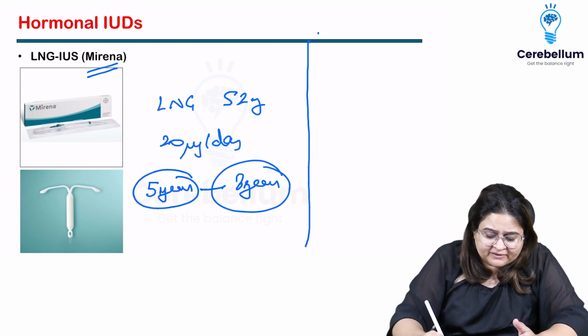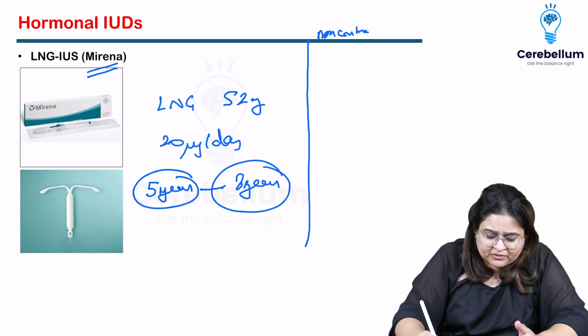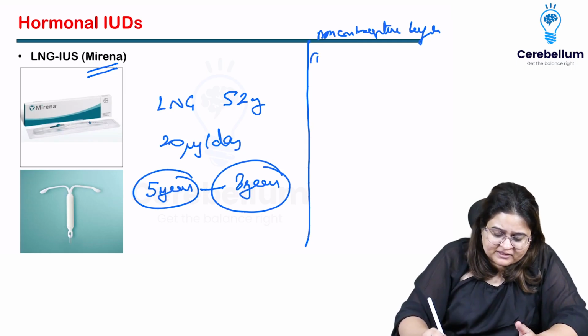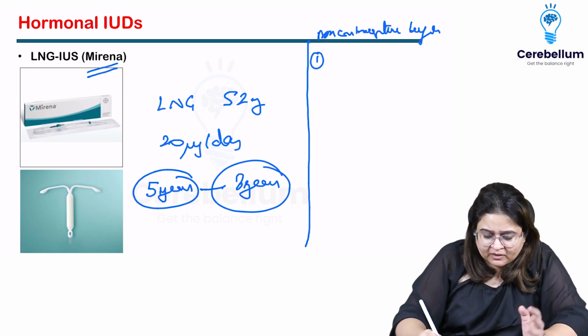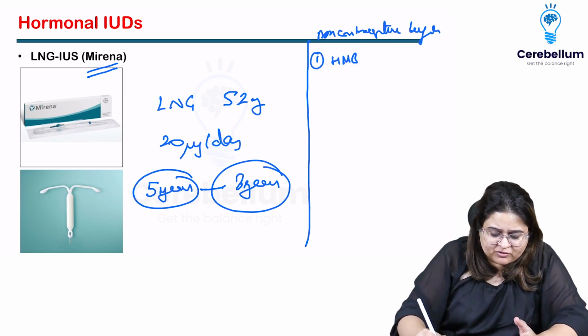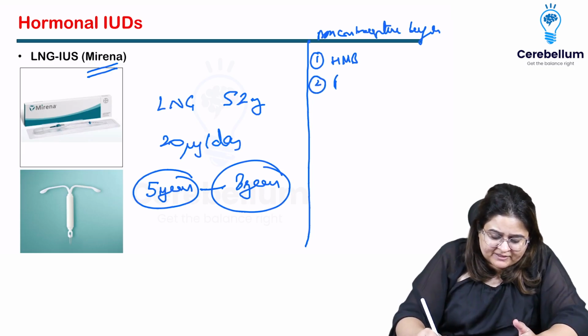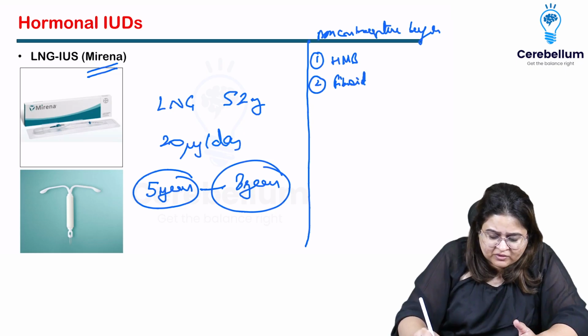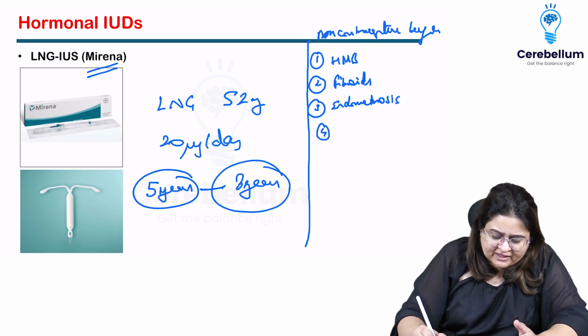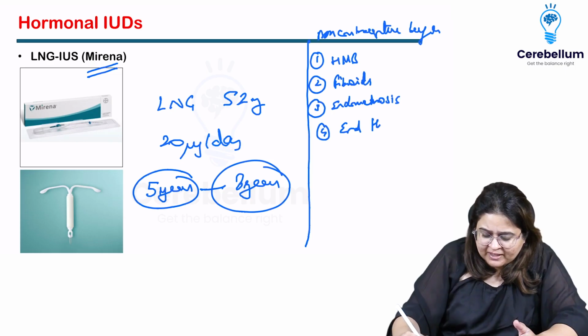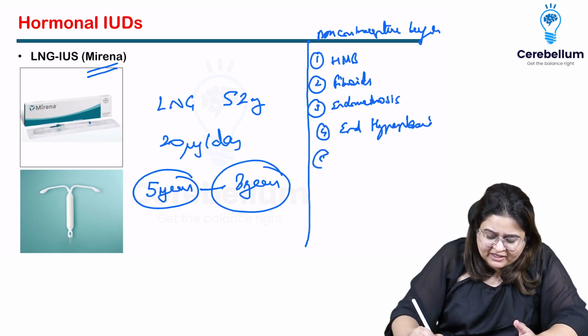And apart from that, there are many non-contraceptive benefits of the Mirena, and these include if the woman has heavy menstrual bleeding, if the woman has fibroids not distorting the uterine cavity, if she has endometriosis, if she has endometrial hyperplasia without atypia, if she has adenomyosis.